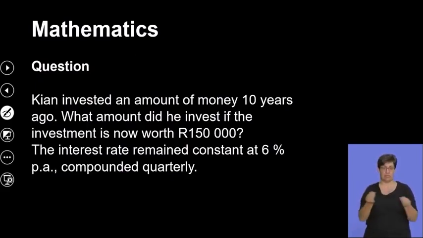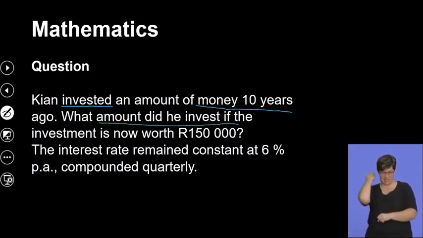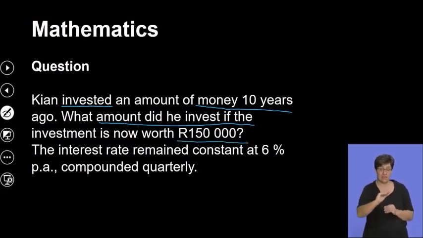Now, let's look at this question and see if we can answer it. It says Kian invested an amount of money 10 years ago. What amount did he invest if the investment is now worth 150,000? The interest is constant at 6% per annum compounded quarterly.